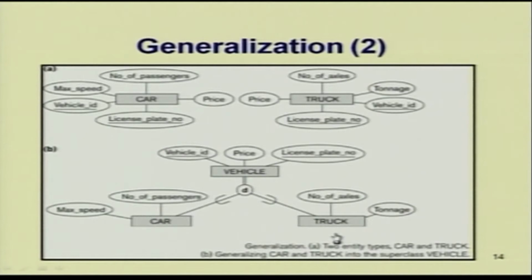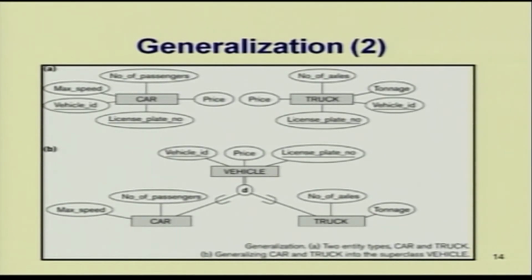Now, what is interesting about this is, let us look at the attributes. Here, license plate number, vehicle ID, and the price are the only common attributes. So, those three common attributes are put in the superclass, and the license plate number is the primary attribute.